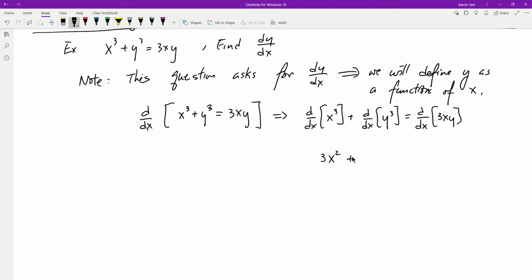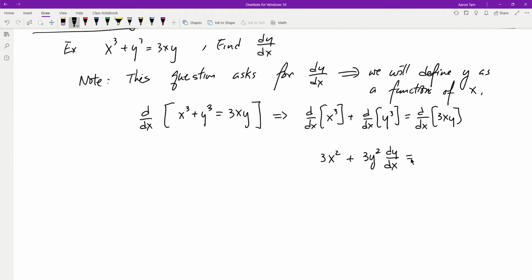The assumption is that y is some function of x, and therefore this becomes a chain rule problem, because now I have something inside the third power, and that something is another function in terms of x. So the chain rule needs to be applied, and the chain rule dictates that I take the derivative of two things and multiply them together. The first derivative is what happens when you raise something to the third power. That becomes 3 times that something to the second power. And then I need the inside derivative, which in this case is the derivative of y with respect to x, which we call dy over dx.